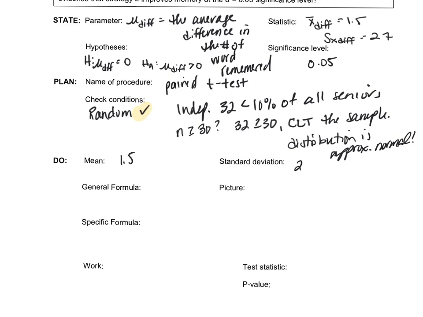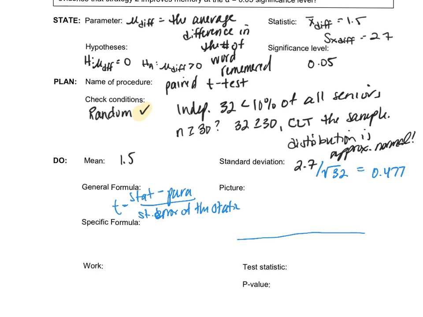My standard deviation is 2.7 divided by the square root of n, which in our situation was 32, which gets me 0.477. So my general formula is so a t is a statistic minus a parameter over the standard error of the statistic.